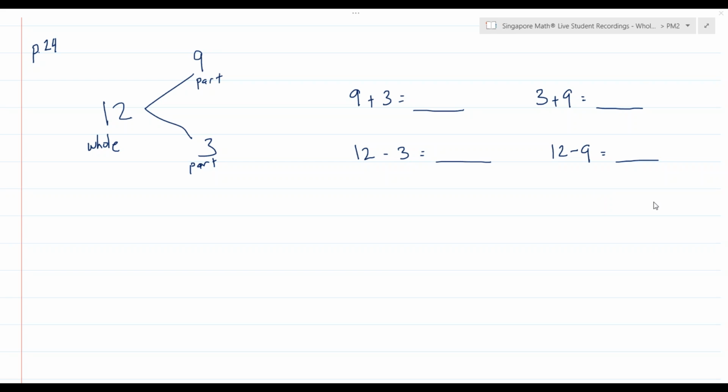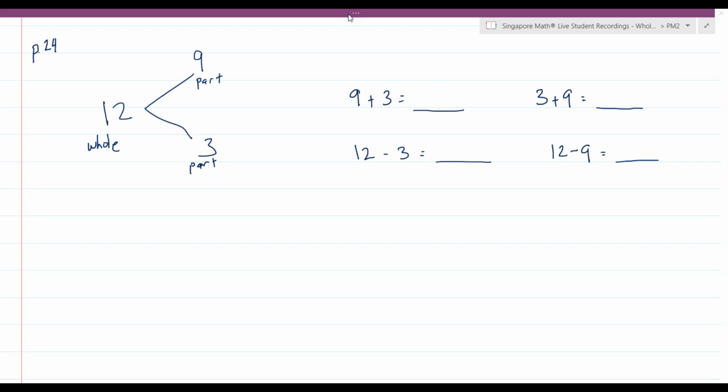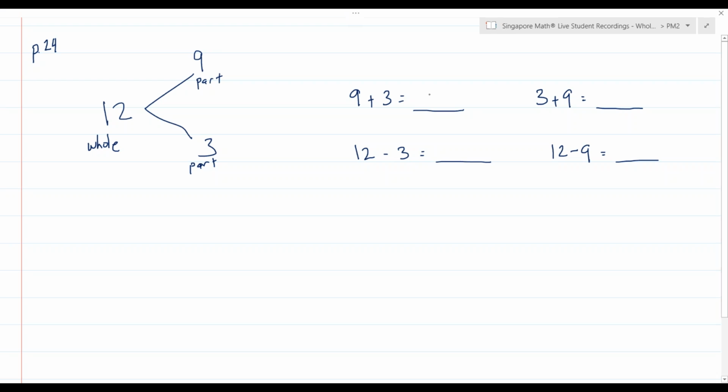And so if you think about the fact that from that number bond of 9, 3, and 12, you can make 4 math sentences. Because if you add the two parts, 9 plus 3, you get 12. If you add them in the other order, 3 plus 9, you still get 12.